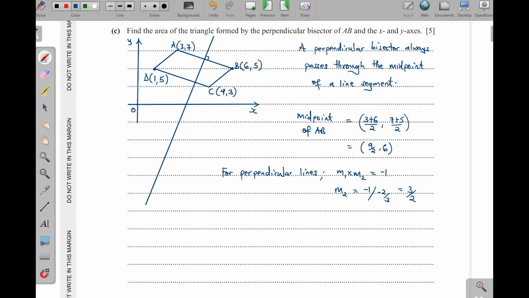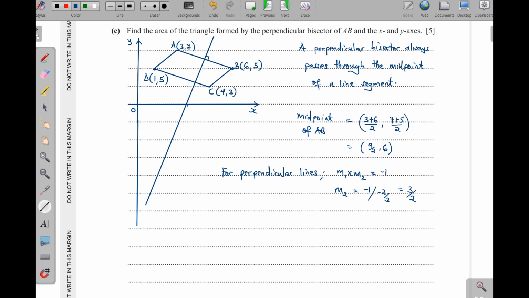Okay, remember I need to find the equation of this line. They said find the area of the triangle formed by the perpendicular bisector of AB, the x-axis and the y-axis. So that means we are going to continue this one down here.